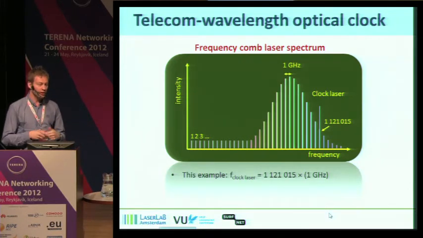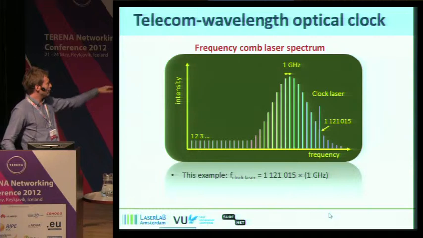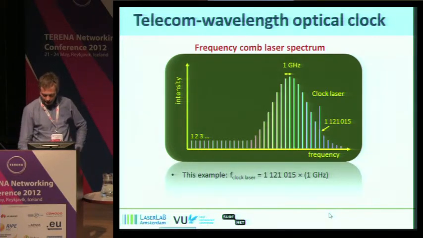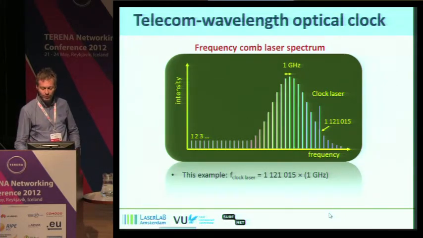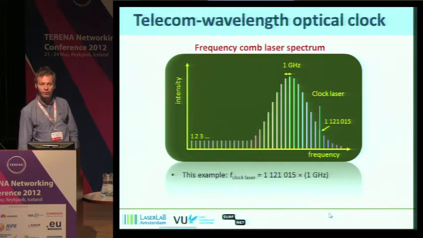So you literally have a comb of very evenly spaced optical modes, and you can simply count the number of modes until you reach your clock laser frequency. You can measure the spacing between the modes, and you simply multiply the mode number of your clock laser with the spacing to read off the optical frequency.